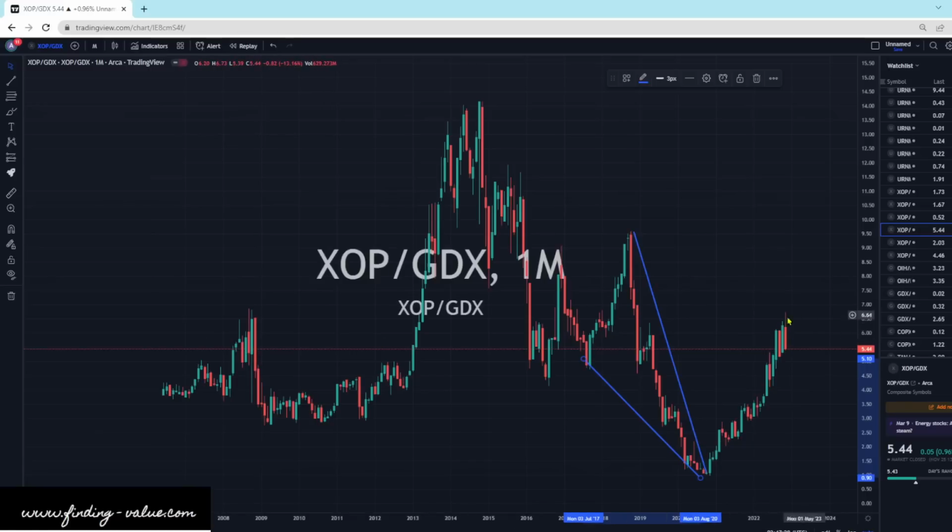It's about average, kind of middle of the valuation with these two. But the momentum goes towards XOP, where we could continue to move higher. But you know, gold, silver, the overall markets in precious metals look pretty solid. So we could have a race here where oil and gold go at it against each other.